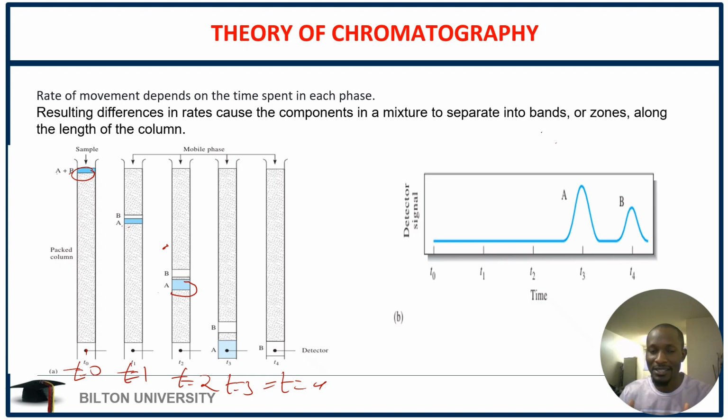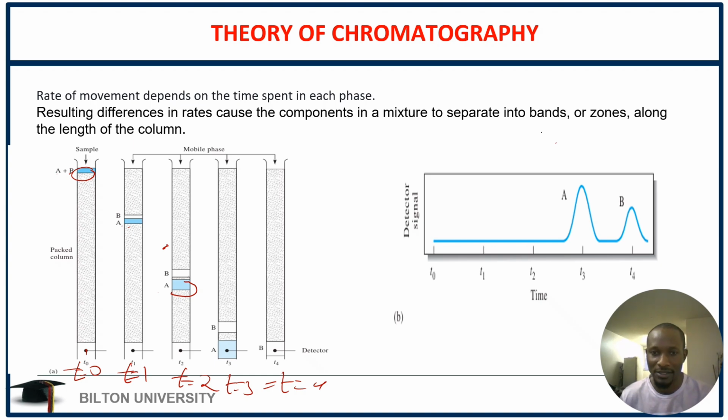It means that the polarity of B and the polarity of the stationary phase are somehow closer to each other, or are the same or similar, while the polarity or the chemical properties of A and the mobile phase are almost the same, and that is why A finds itself in the mobile phase more than B.